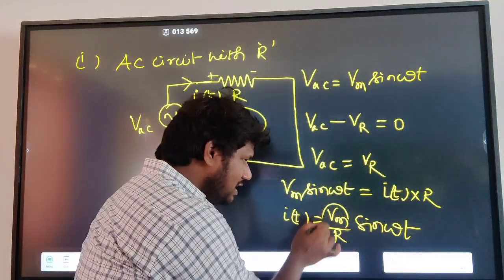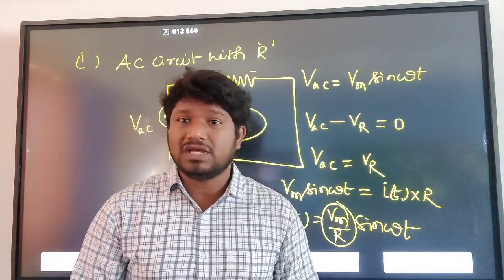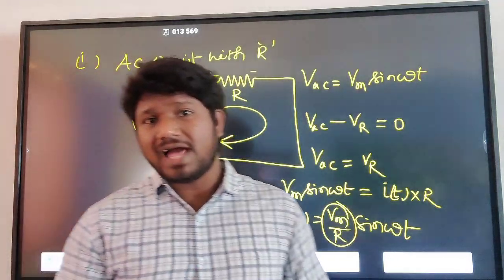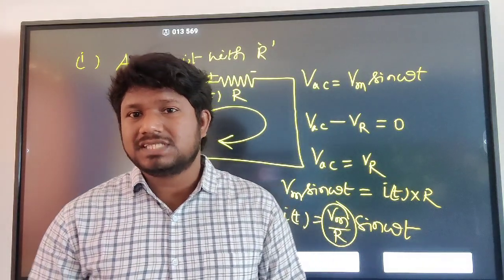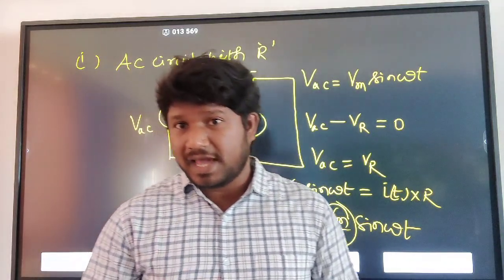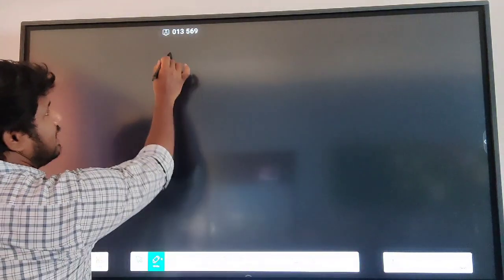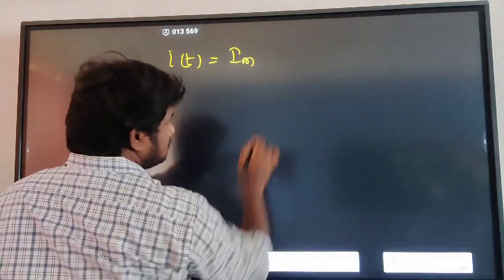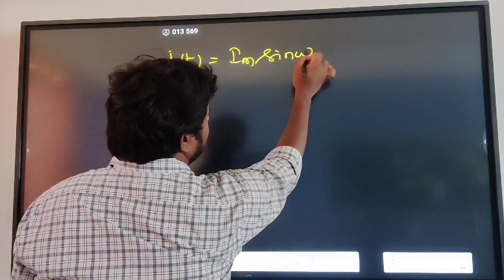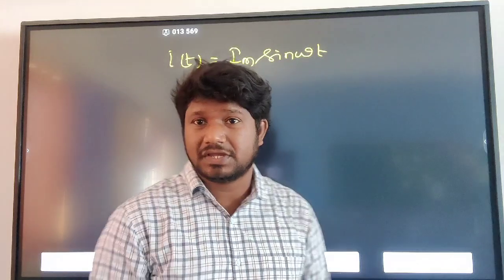What is this Vm by R? It is nothing but the peak value of the current. That peak value of the current we represent as Im. So I of t equals Im sin omega t. Now what is the input supply that we have given to the resistive circuit?